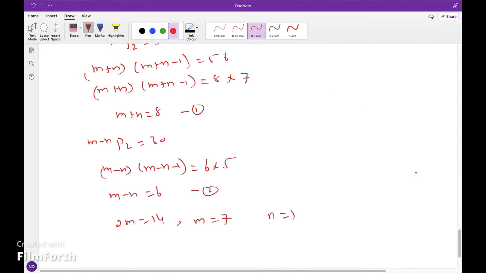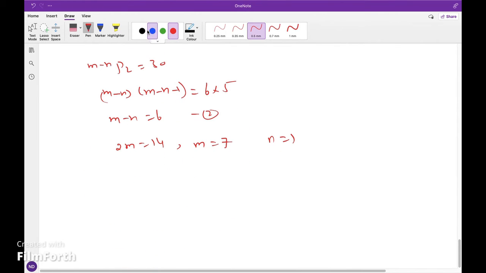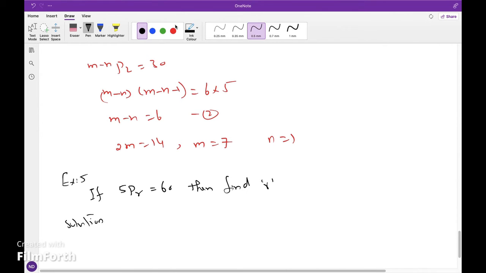Next example. If 5PR equal to 60, then find R. Solution.